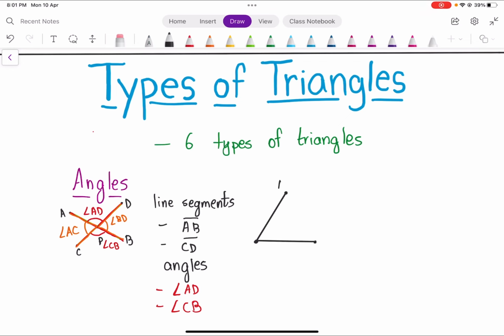Let's call this A, B, and C. Probably the most basic angle name, but that's not our focus over here. So our angle over here is ABC, angle ABC. If we called this CBA, CBA and ABC are practically the same thing.